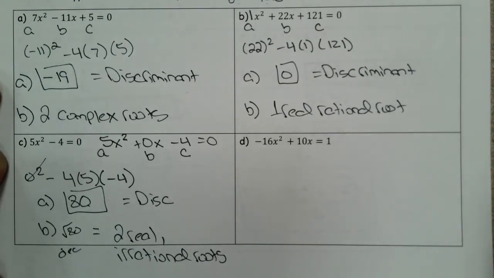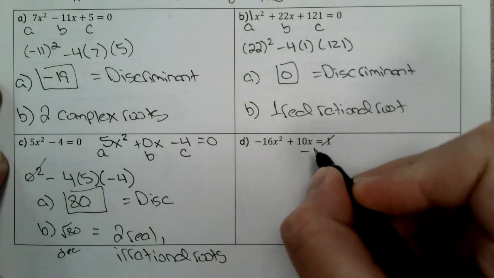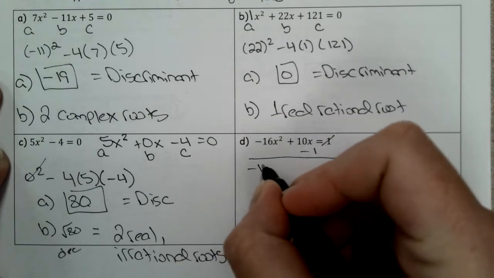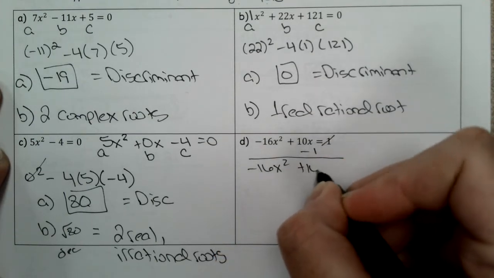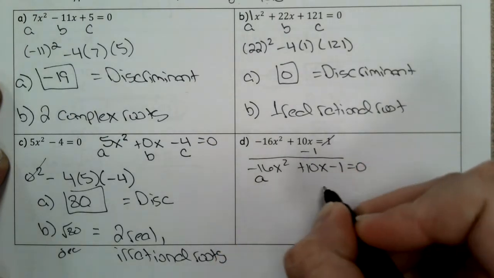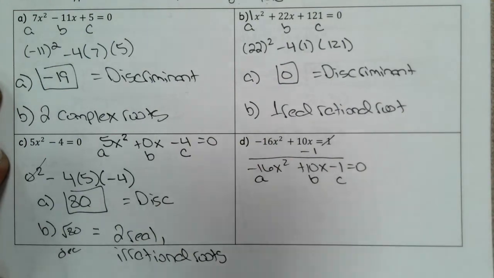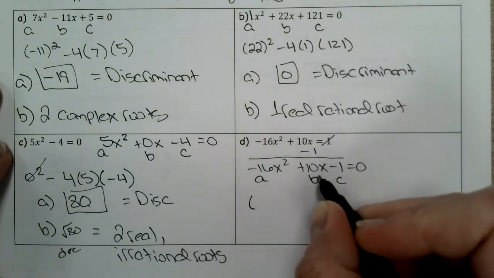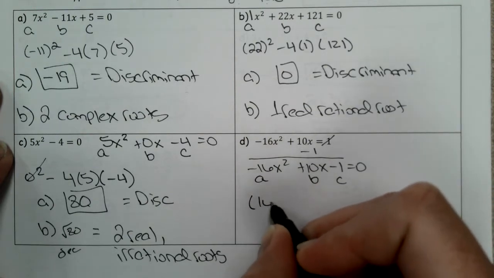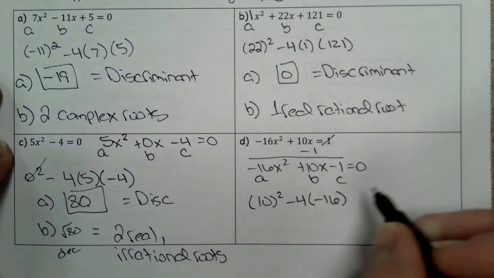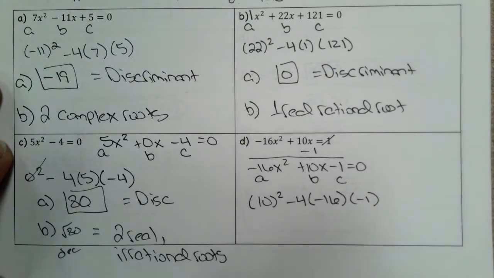And number 16 is not in standard form. So subtract your 1 over. So I get negative 16x squared plus 10x minus 1 equals 0. There's A, there's B, and there's C. So for the discriminant, I get B squared minus 4 times negative 16 times negative 1.